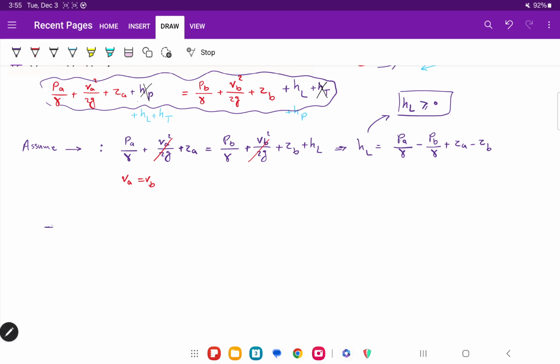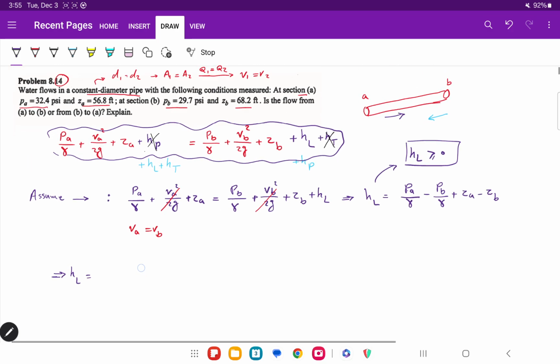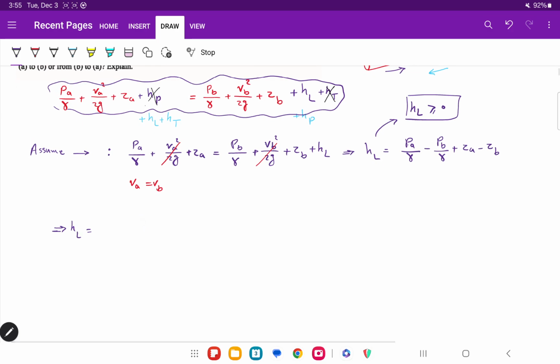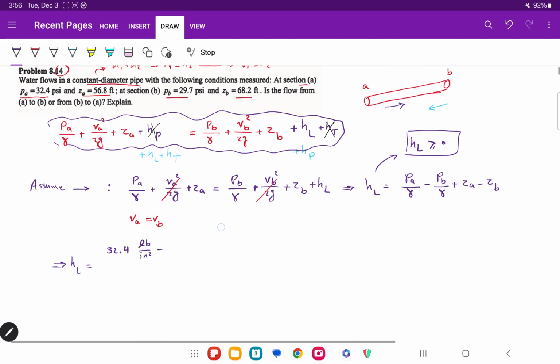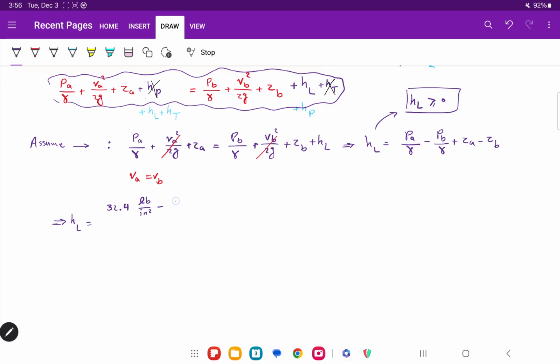Okay, so HL equals PA, 32.4 pounds per square inch, minus 68.2 pounds per square inch.